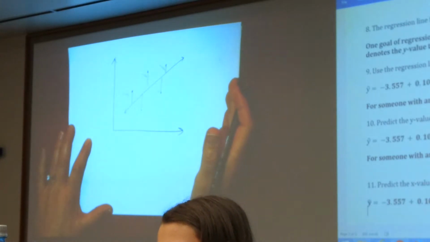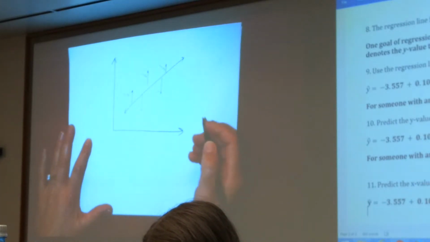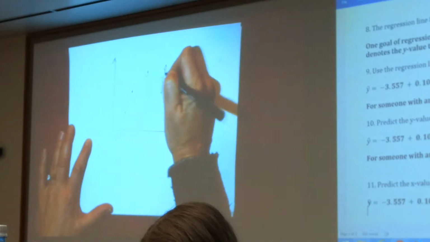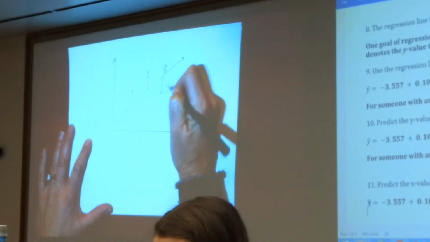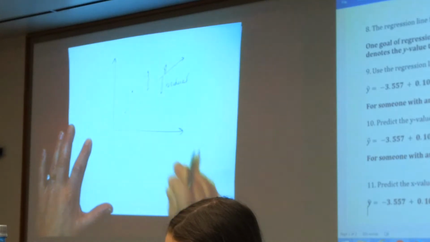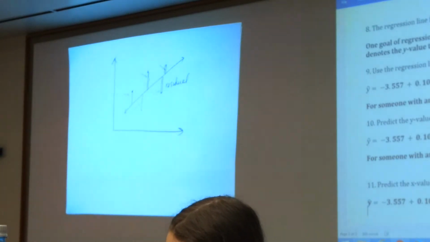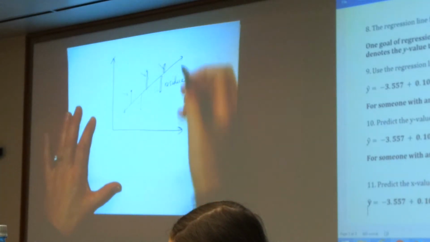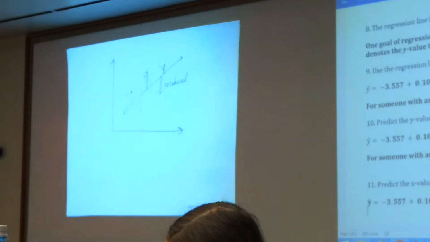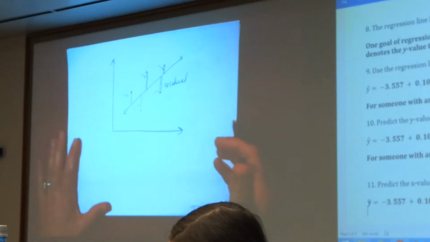Least squares. What I did not tell you last time is each of these vertical distances has a special name. It's called a residual. Basically like a leftover piece or a little bit extra. So the idea is the line is telling you the relationship overall between the variables.